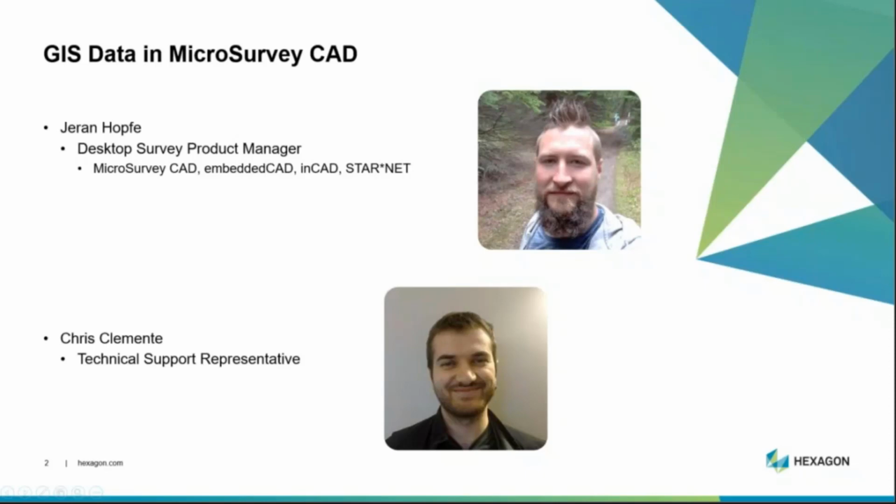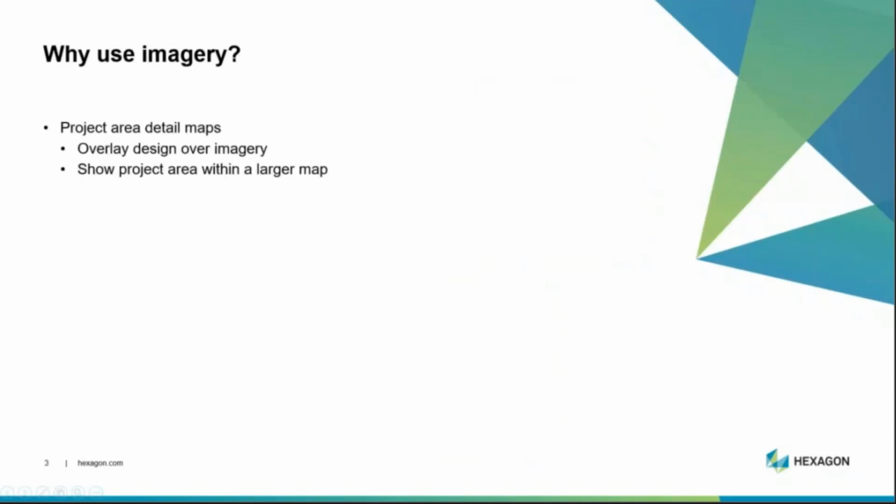So first of all, why do we want to use imagery in our drawings? There are several different applications for imagery for land surveyors. I would argue that it's one of the most important things aside from the actual survey. Some of the reasons are project area detail maps, where you might want to overlay a design over some imagery, or show your project area within a larger map in a detail in the corner of your plan.